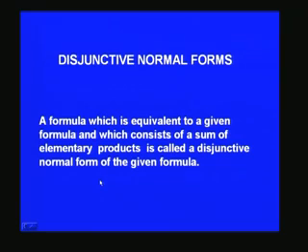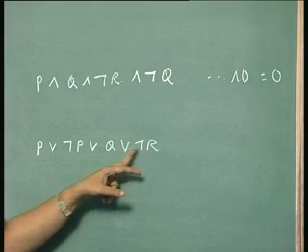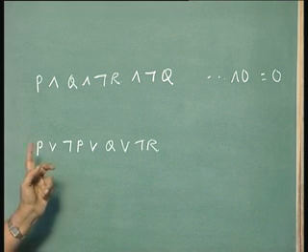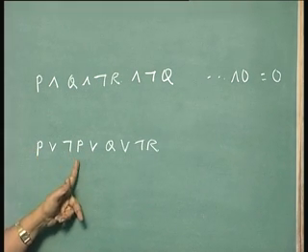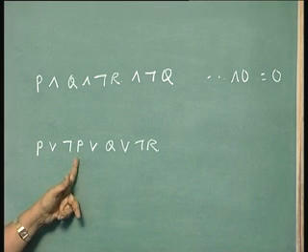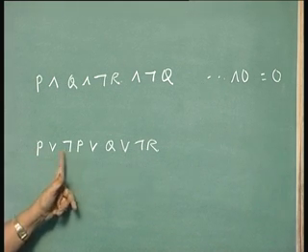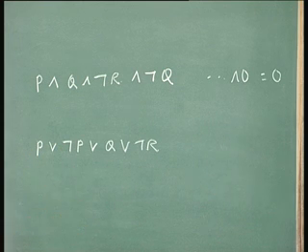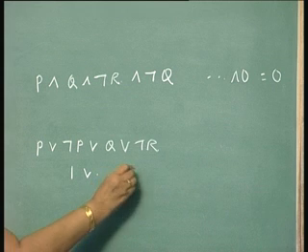So, suppose I have something like P or not P or Q or not R. Then you have one variable and also the negation of that. This we know is a tautology. P or not P is 1. So, 1 or something will be 1.